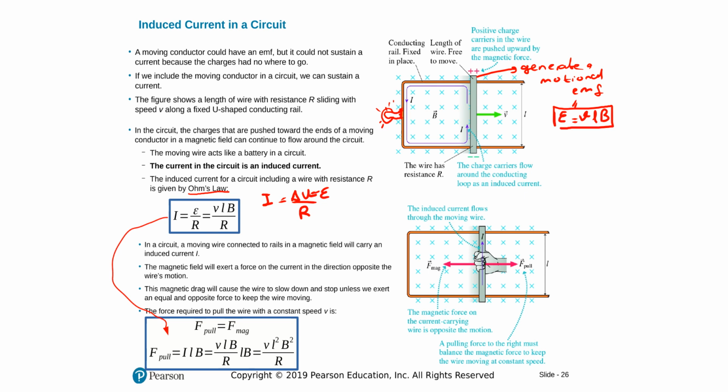And if I like, I can enter vLB over R. This equation here is from the book. I don't really like having an equation in this fashion, but the book gives it, so I keep it here. But the idea is to get the epsilon and use Ohm's law to get I, right? That's working through logic, not just putting things into equations.